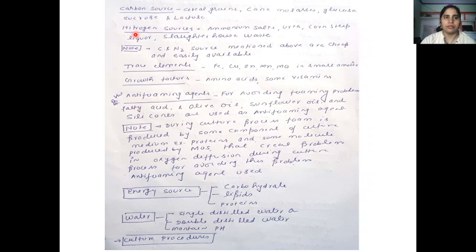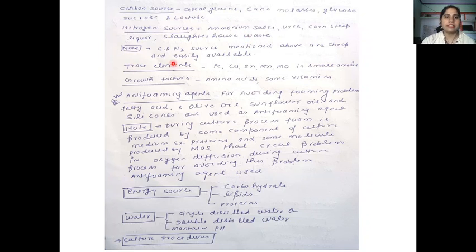And the nitrogen sources we are taking for the media are ammonium salt, urea, corn steep liquor, and slaughterhouse waste. These sources are very easily available and very cost effective. That's why we are using these as the carbon and nitrogen sources.